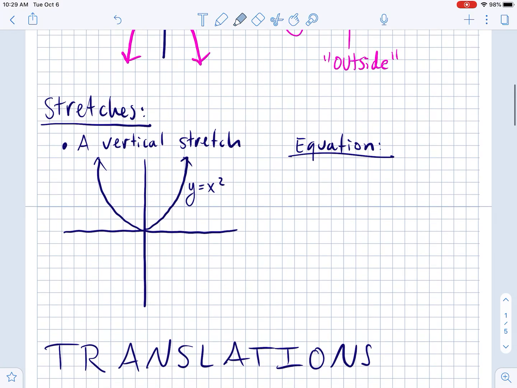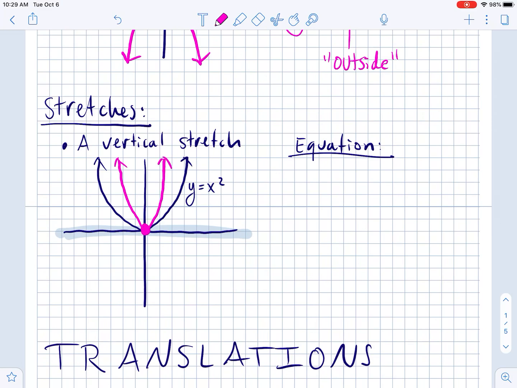Now we're going to do a vertical stretch. Picture taking the entire graph, grabbing the top and the bottom, and pulling it away from the x-axis. A vertical stretch would make this parabola skinnier, so it would look like this. It would get stretched out more towards the top.